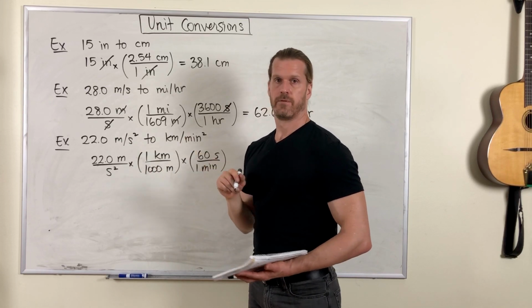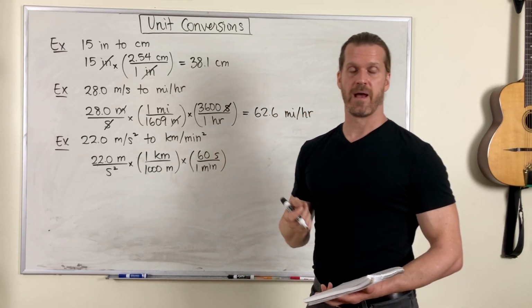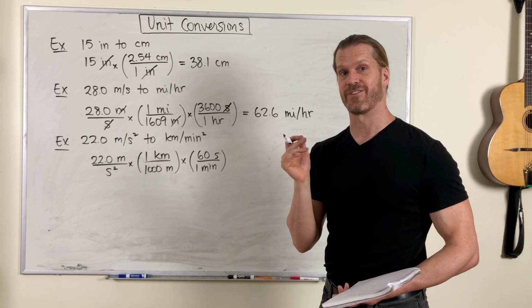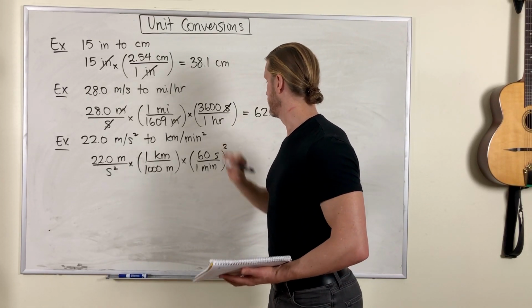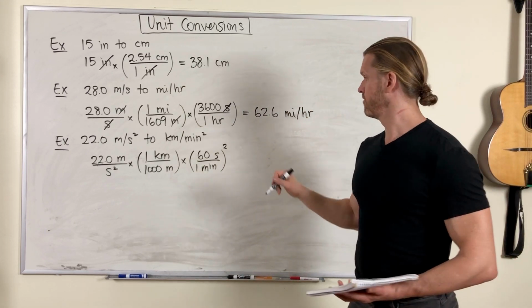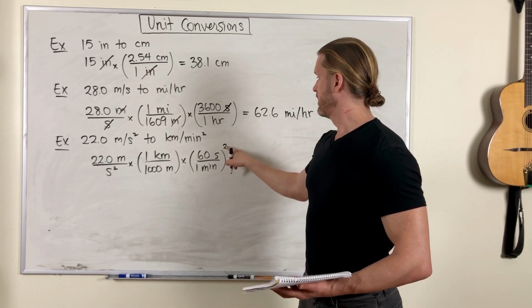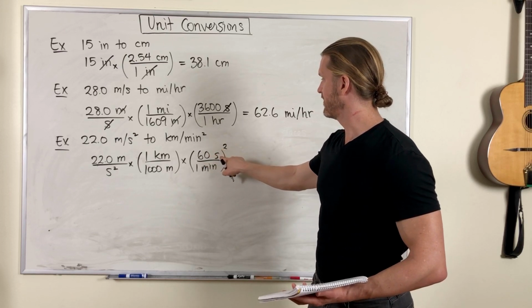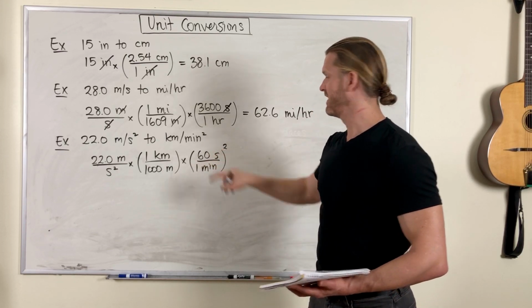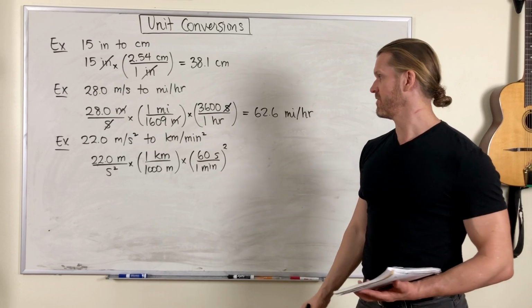Whenever you have quantities raised to some power, you must raise the conversion factor to that same power. So this whole thing gets squared, which means that this squared applies to the 60, it applies to the seconds, it applies to the 1, and it applies to the minutes.